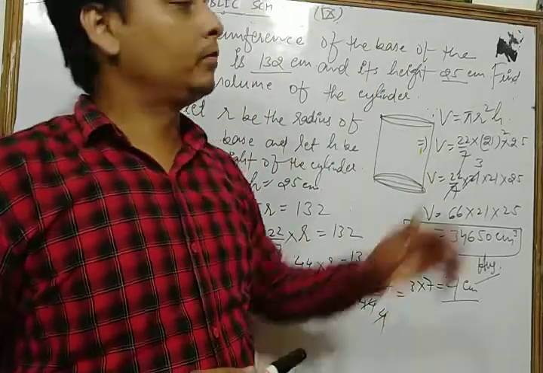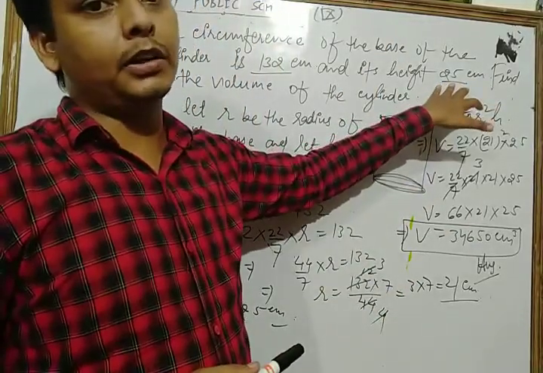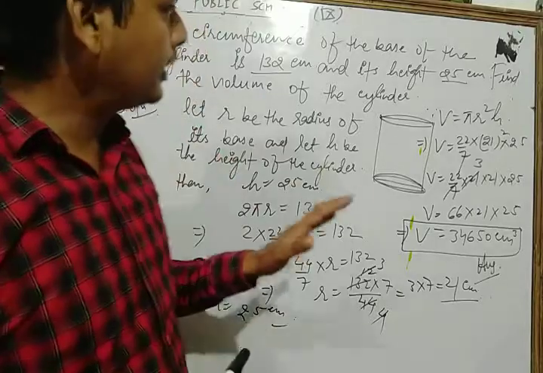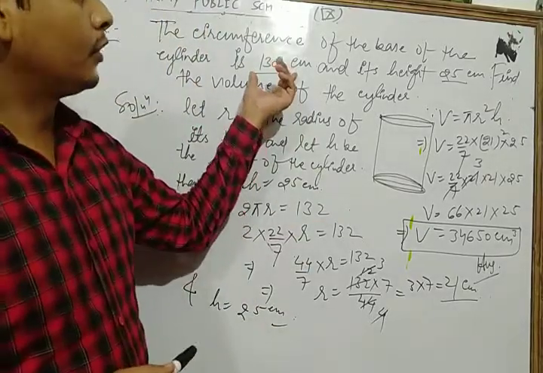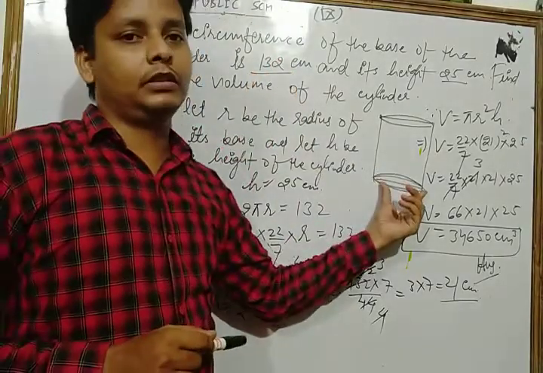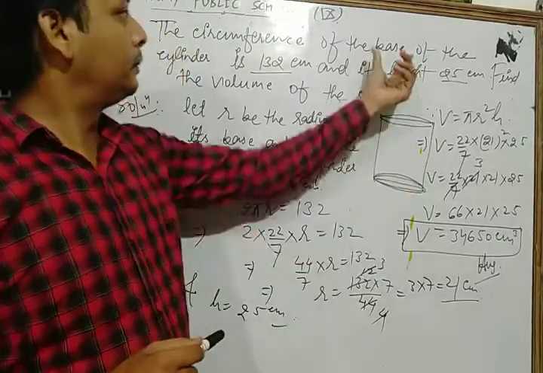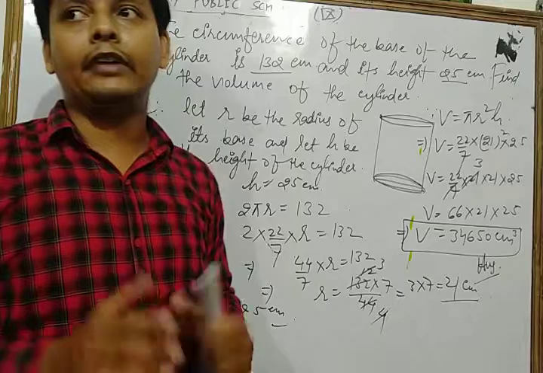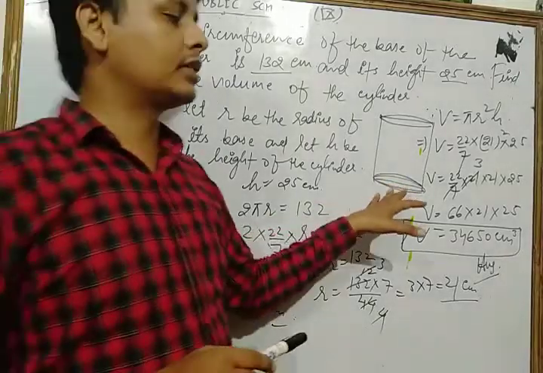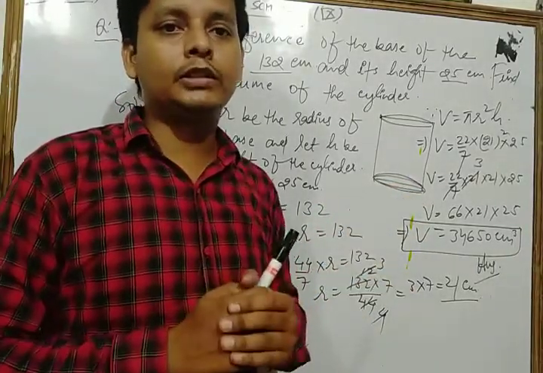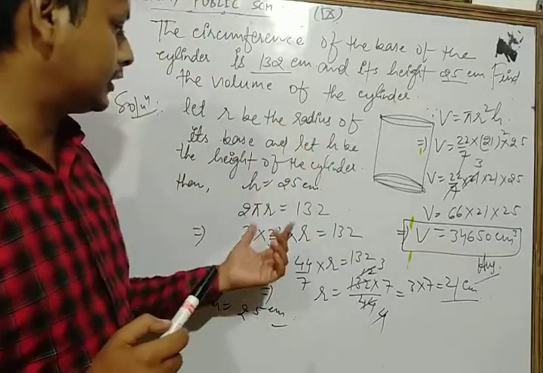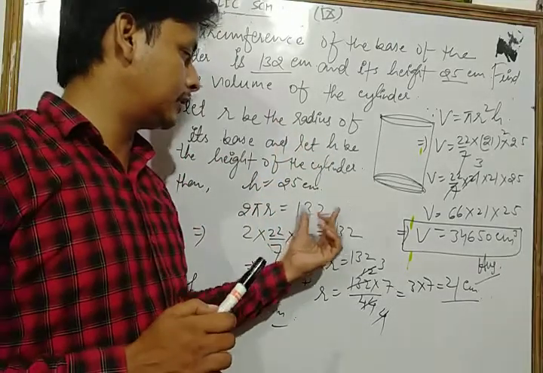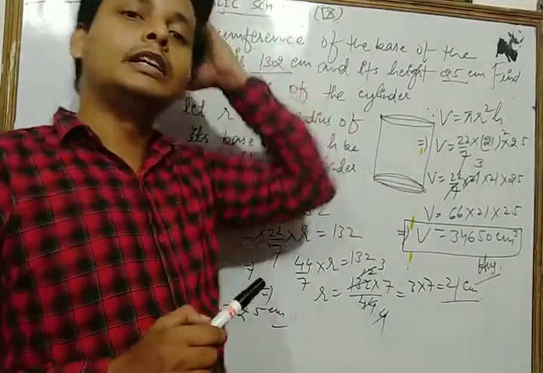In this question, height is given but radius is not given, but the circumference of the base of the cylinder is given, and we know that the base of the cylinder is circular, and the circumference of a circle is 2 pi r.